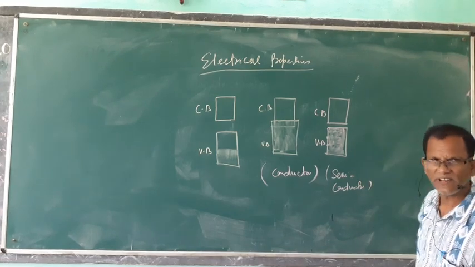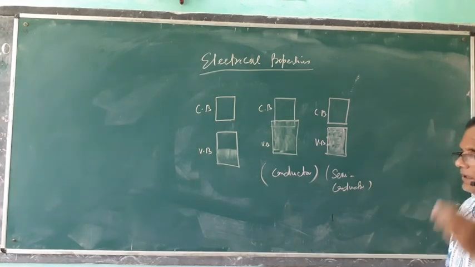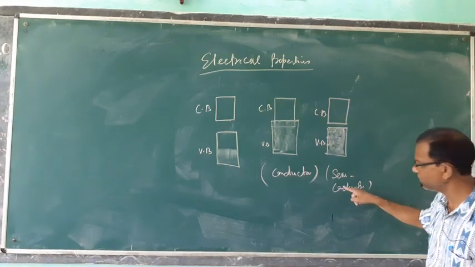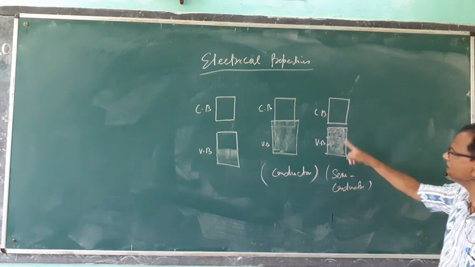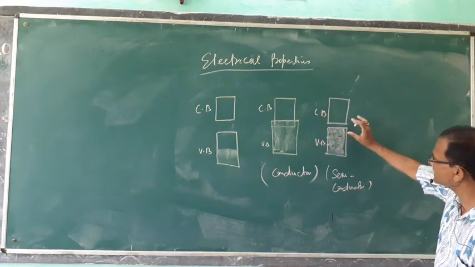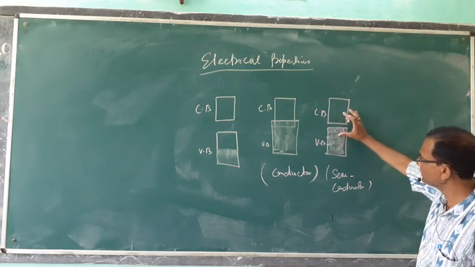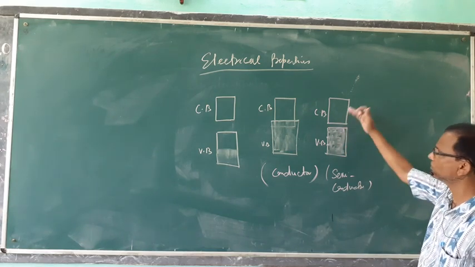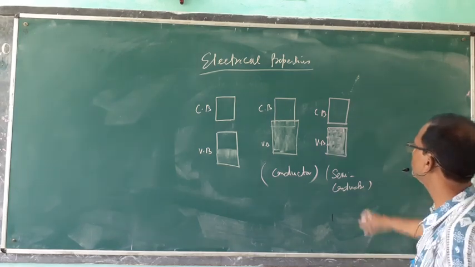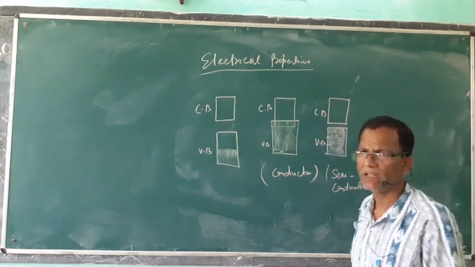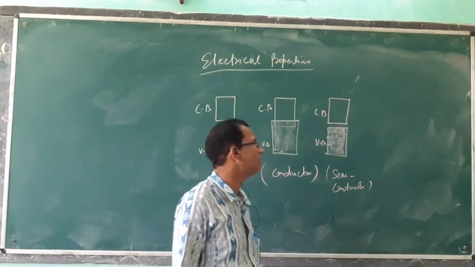Semiconductor means conductivity is very less, but conductivity of a semiconductor increases by increasing temperature, because the gap will be reduced. When it is heated, the gap is reduced, and electrons can be shifted from the valence band to the conduction band. That's why it is called a semiconductor.